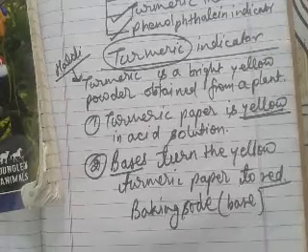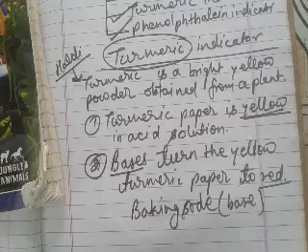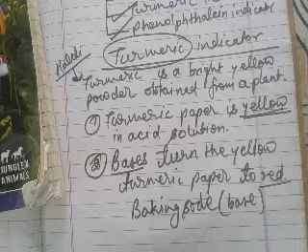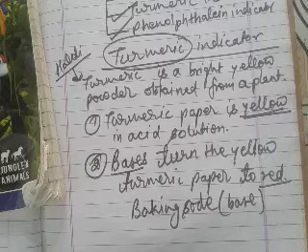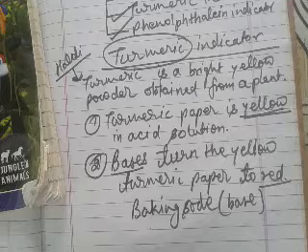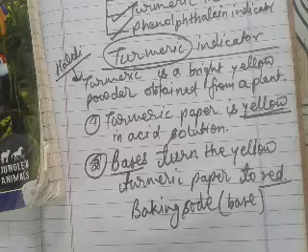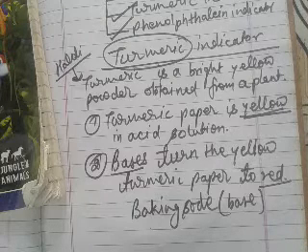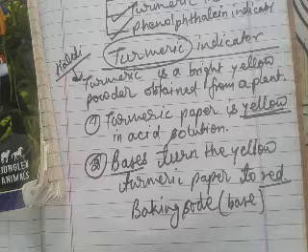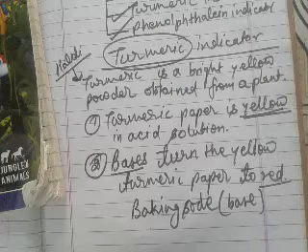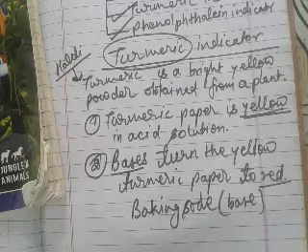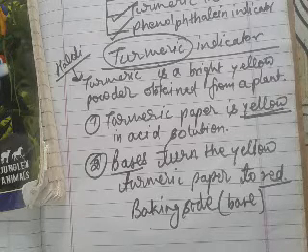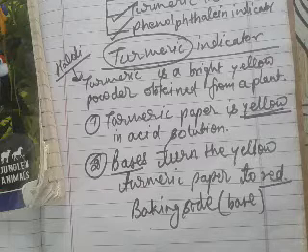And if we use an acid solution with the turmeric paper, there is no change in the color of the turmeric paper. So it shows that the solution is acidic in nature, like any acid.